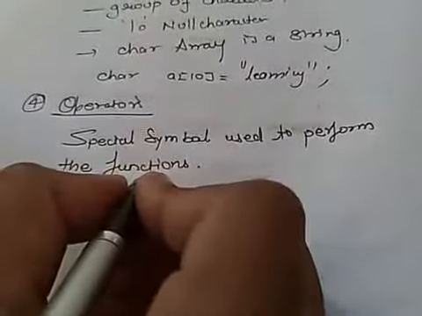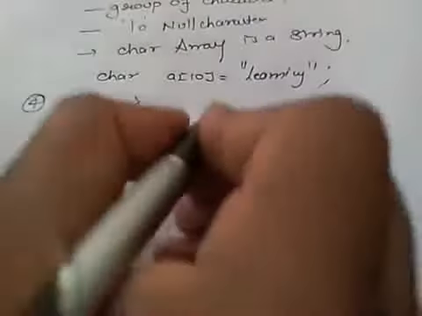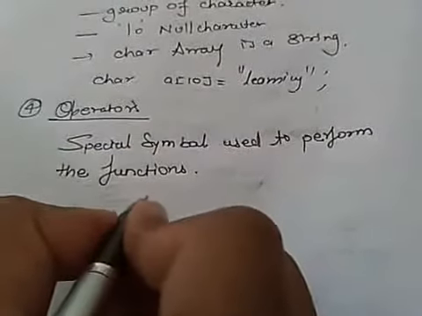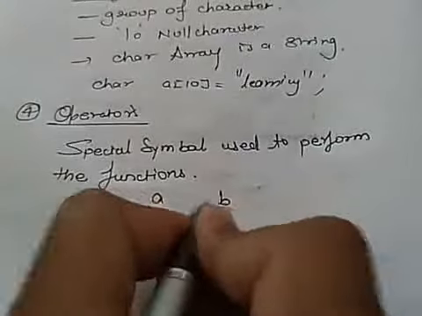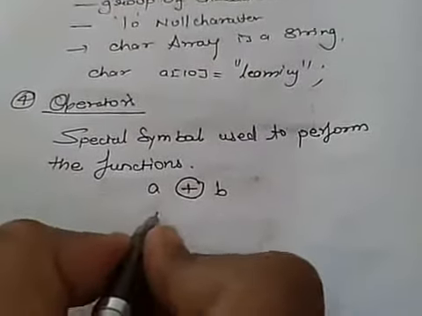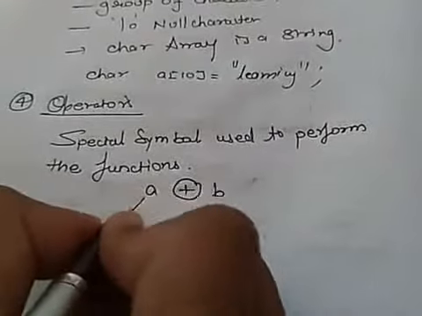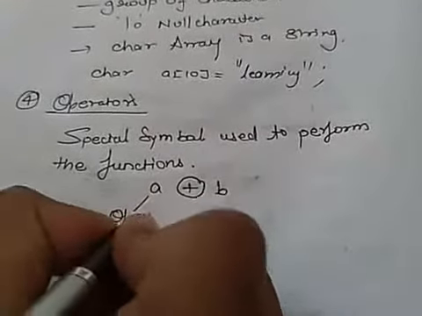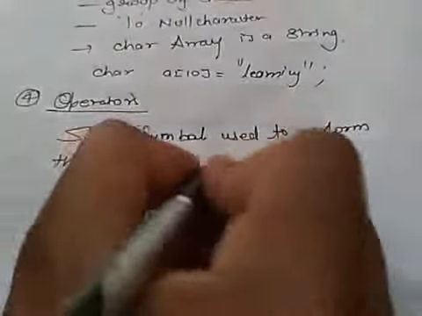The data items on which the operators are applied are known as operands. For example, we have two variables a and b, and we have performed a mathematical operation, that is sum of two variables. Then these a and b are operands, and this is the operator.